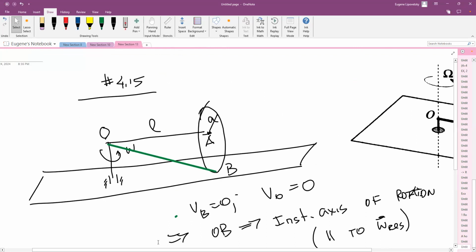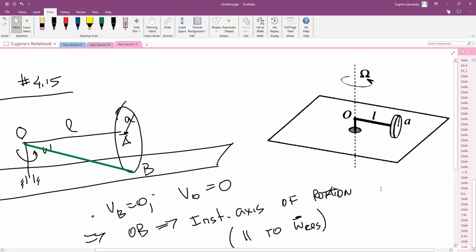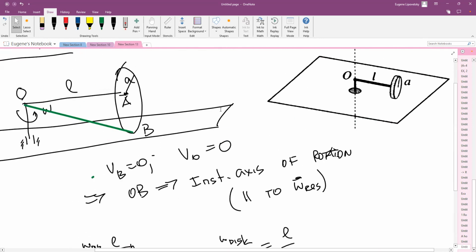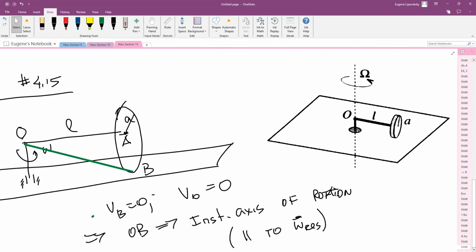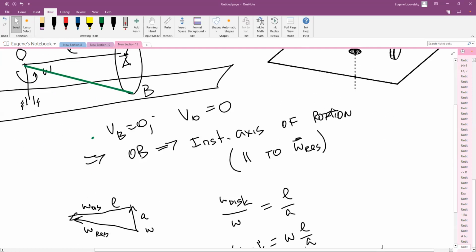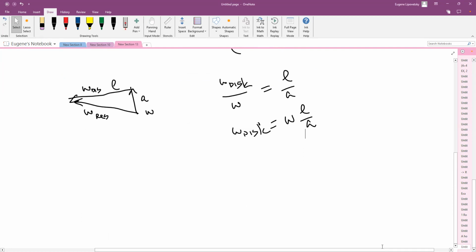Now, we needed to find the did I copy this thing? Just a second, let me see. Oops.